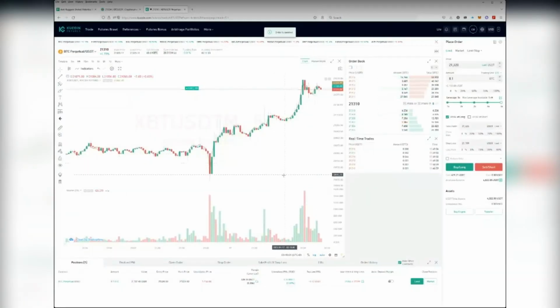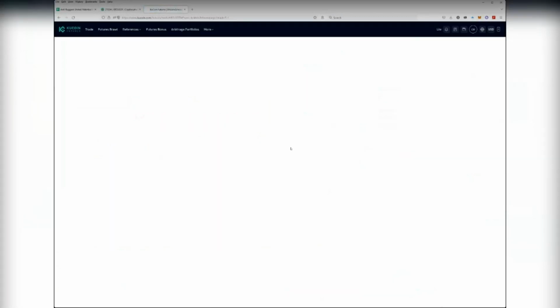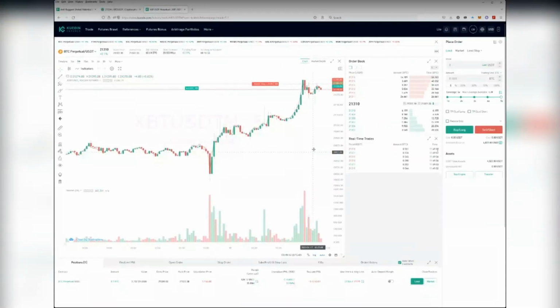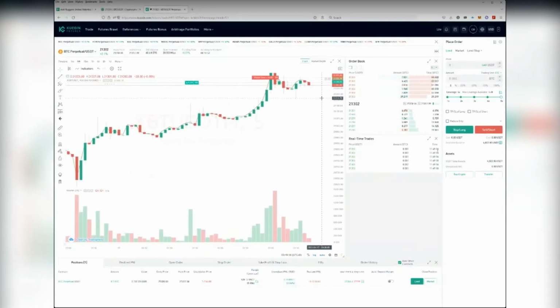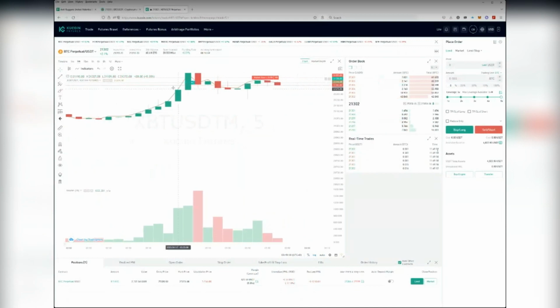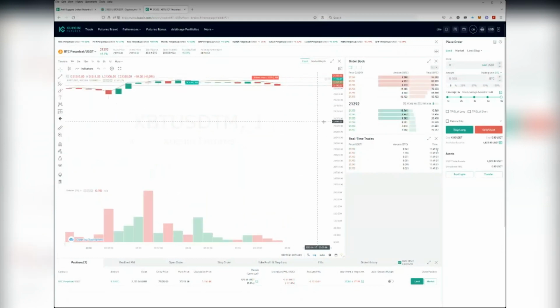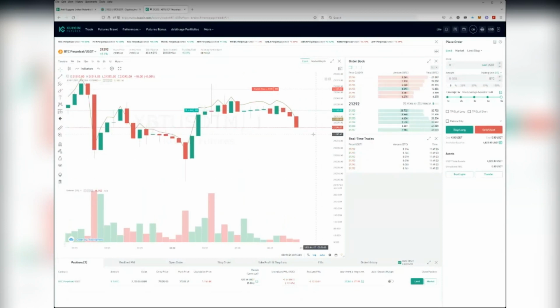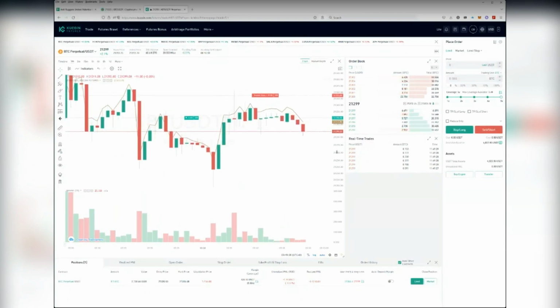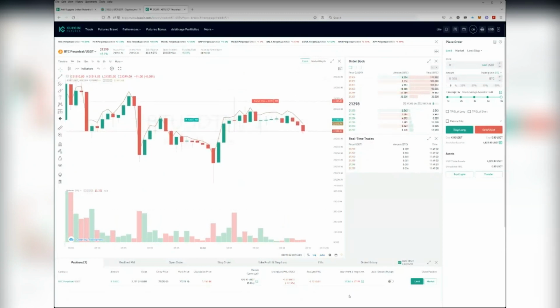So now if I refresh my screen, it should show me where it's at. Okay. Where's my stop loss? It wasn't shown. So this is my profit.